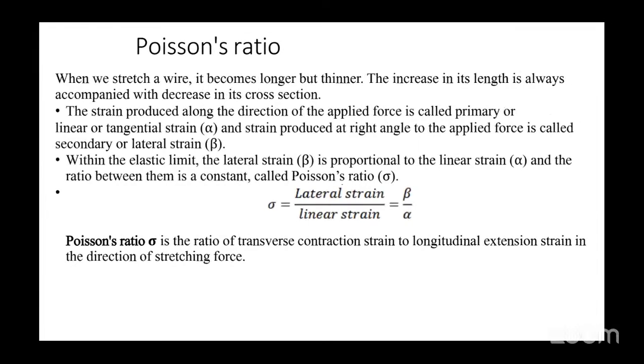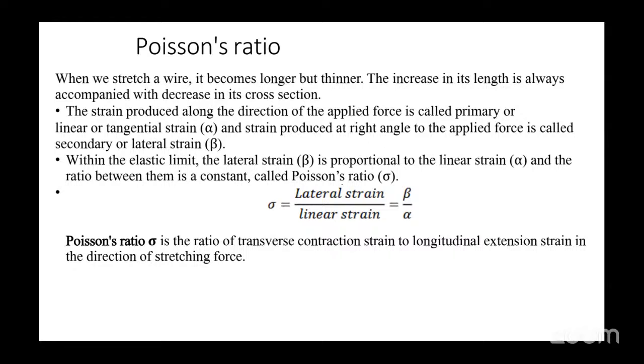Now, when we stretch a wire, it becomes longer but thinner. The increase in its length is always accompanied by a decrease in cross-sectional area. So bringing them together, the Poisson relationship brings these three moduli together. According to the Poisson ratio, it is the ratio of transverse contraction strain to longitudinal extension strain in the direction of a stretching force.